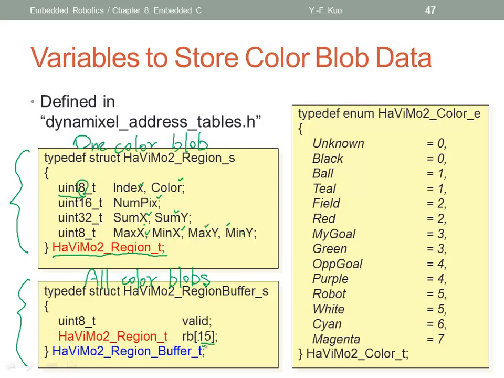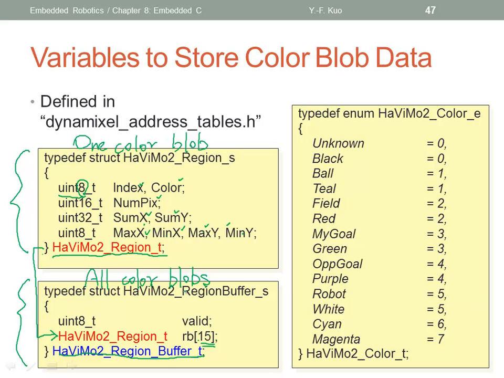So we need 15 of what? 15 of this data structure goes here. And the name of this data structure that stores all the color blobs is HaViMo2 region buffer T.